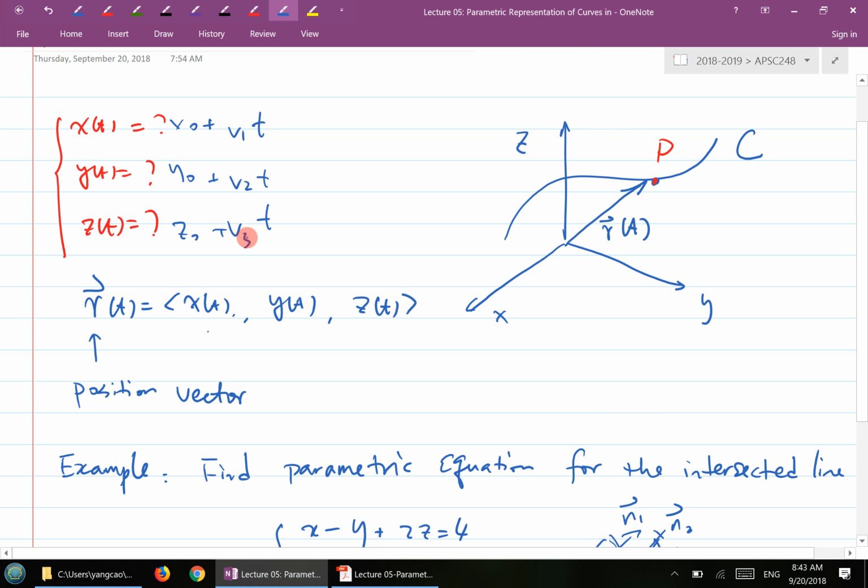That makes sense, right? That's the end result of a parametric equation. And a parametric equation is not unique, which means you could choose any arbitrary point, as long as it's on that line in 3D space. So technically, for z, the z naught could be 0.